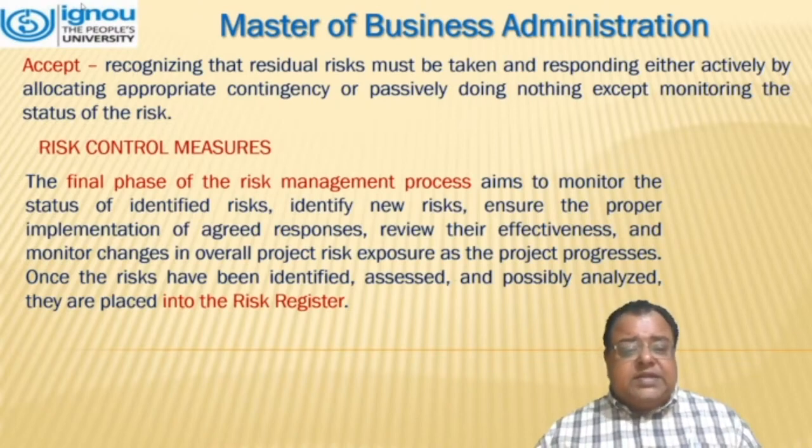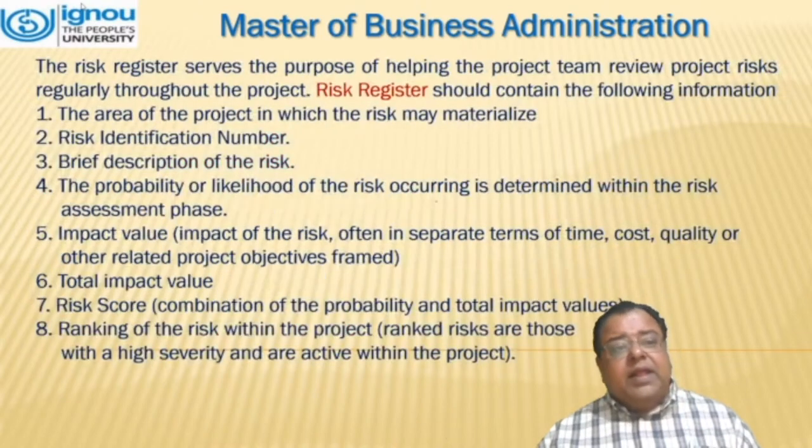Once the risks have been identified, assessed, and possibly analyzed, they are placed into the risk register. The risk register helps the project team review project risk regularly throughout the project.